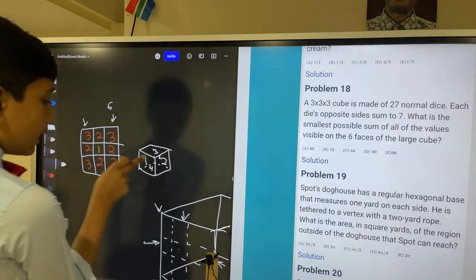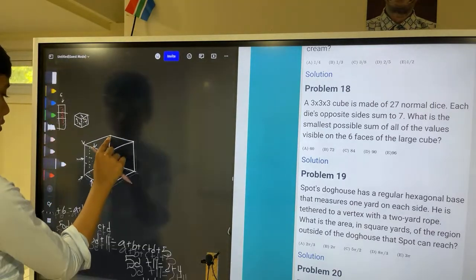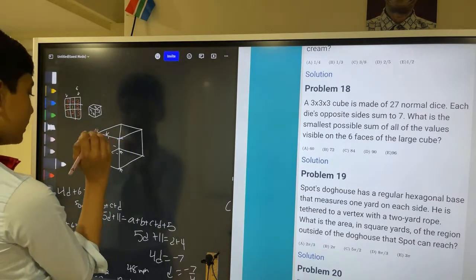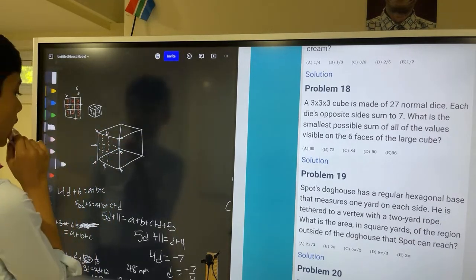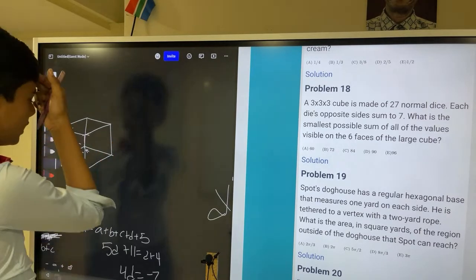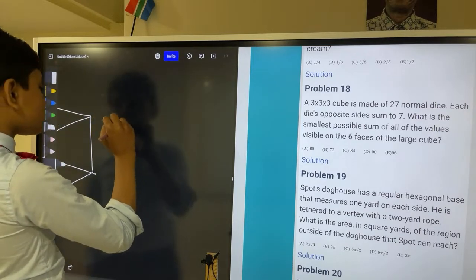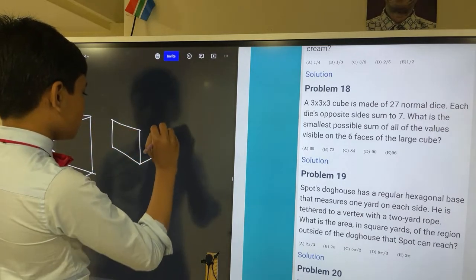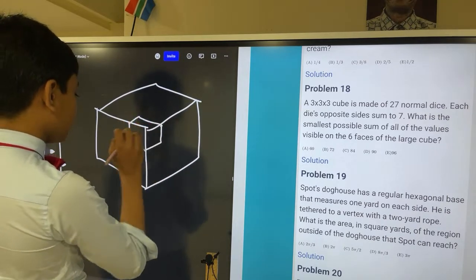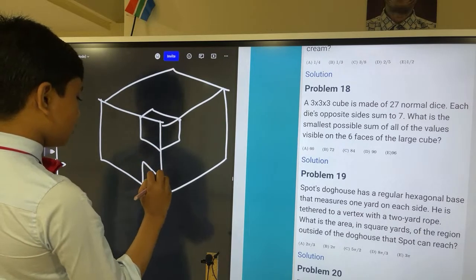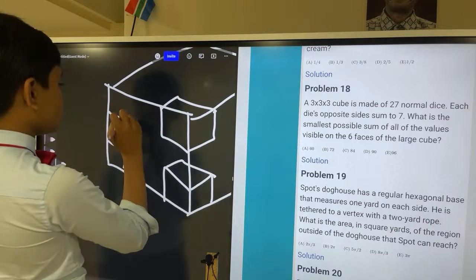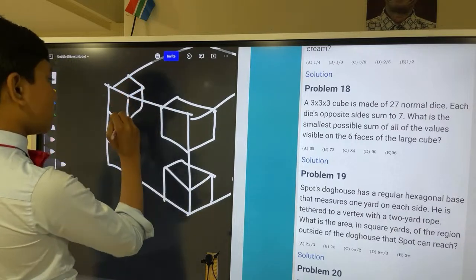But the problem is, how many corner blocks are there? Well, each face, there's 1, 2. So in total, oh God, I'm gonna have to count. So there's 1 over here, there's another one over there, there's a third one, there's a fourth one over here.